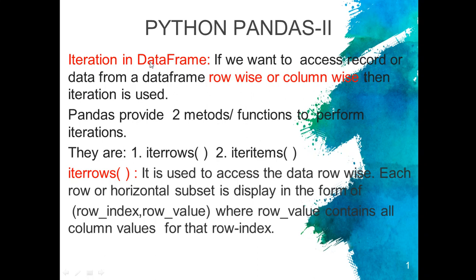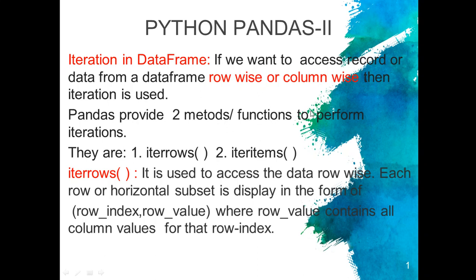So here also, in iteration in data frame, if we want to access the record or data from a data frame row wise or column wise. Till now we had seen how to access the column and how to access the rows. But if I want to access the data frame one by one, meaning one record at a time, then see the second record and then the third record and so on, how it will be done row wise as well as column wise, we will see here.